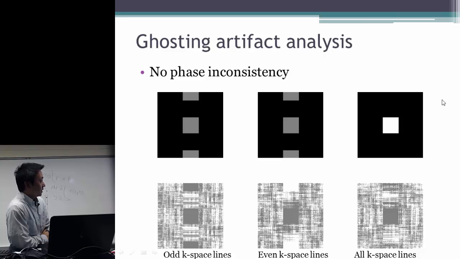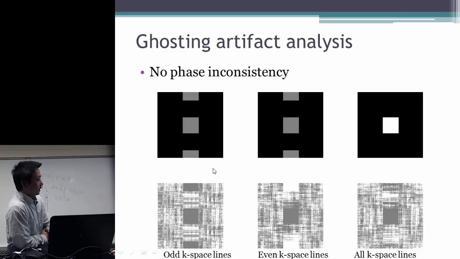So let's say this is the full image, right? It has the full K-space, everything. This is the magnitude, and this is the phase. Now there is some noise, but we can clearly see that there is only one object at the center.